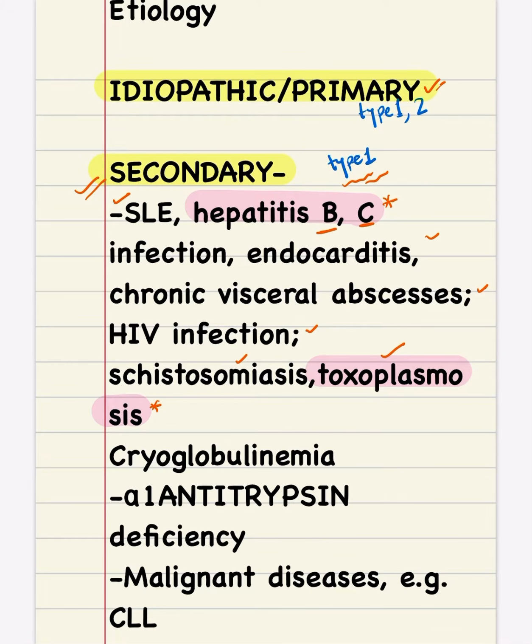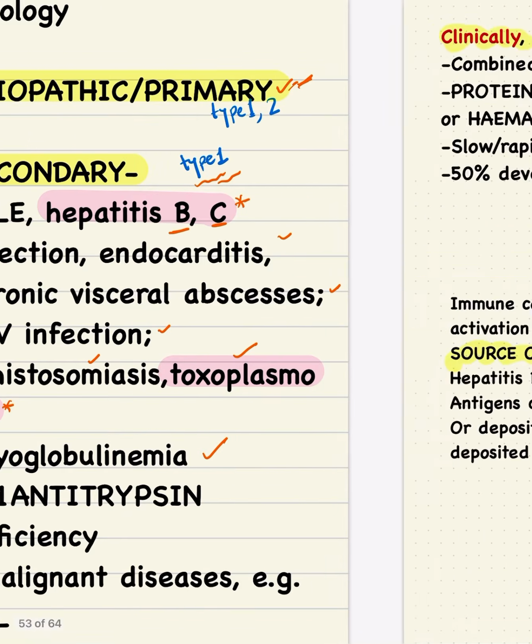Then other causes can be cryoglobulinemia, paraproteinemias, alpha-1 antitrypsin deficiency, and malignancies like chronic lymphocytic leukemia. So these are the important causes of secondary MPGN, and when all these causes are ruled out and they are not found, then we label it as primary MPGN. So you should remember these causes.